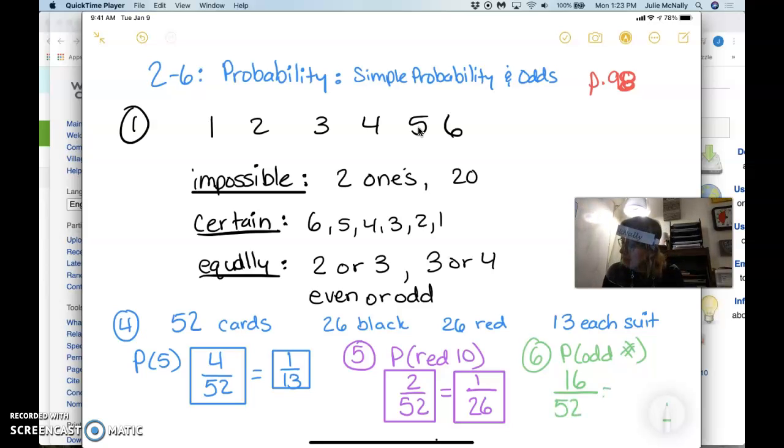And that will reduce if I divide them both by 4 to 4 out of 13. So that means if I draw 13 cards without looking, I should have at least 4 odd numbers in those 13 cards that I drew. That is the probability or the chance of pulling an odd number from a deck of cards.